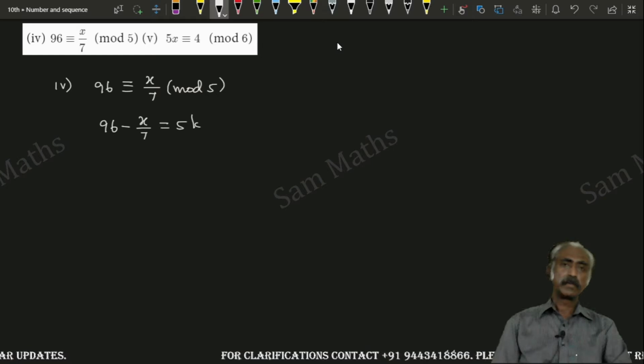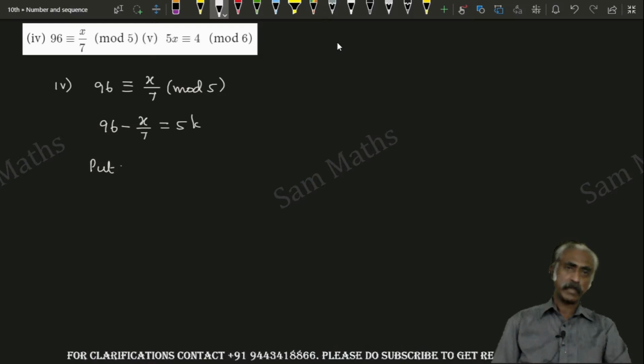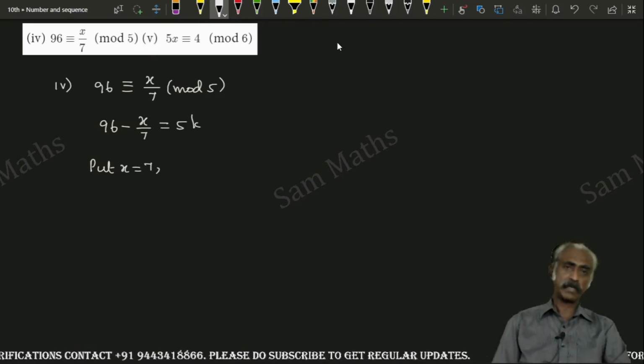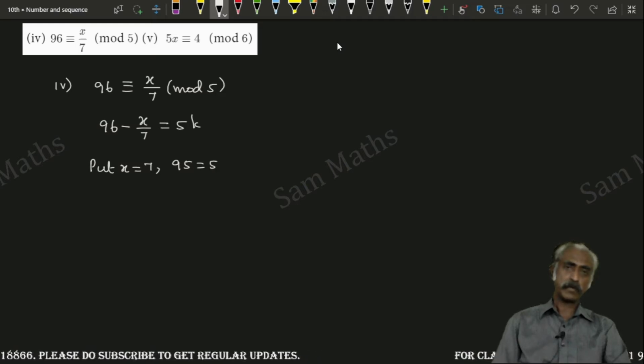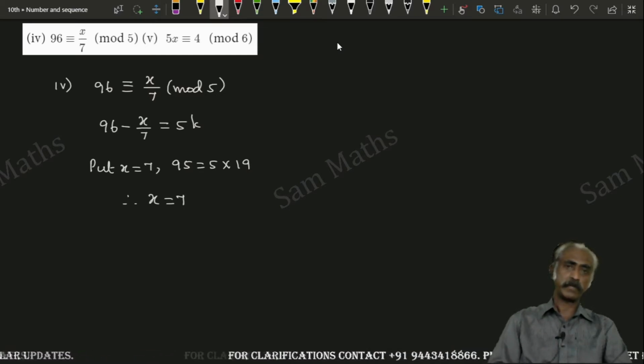Okay children, so left hand side, if it becomes 95, which will be a multiple of 5, so I have to subtract 1 for that. Put x equal to 7. So left hand side we are getting 96 minus 1. Therefore, we are getting 95, which is equal to 5 into 19. Therefore, the least positive number is x equal to 7.